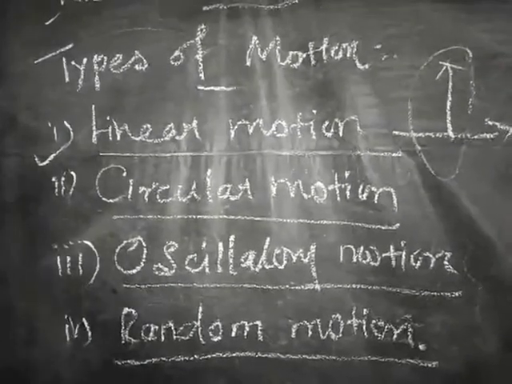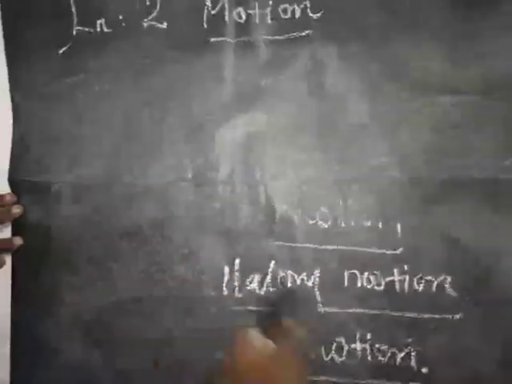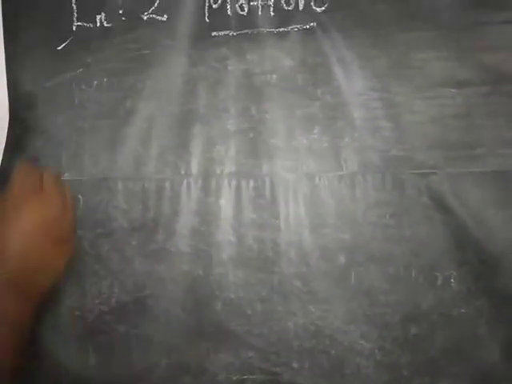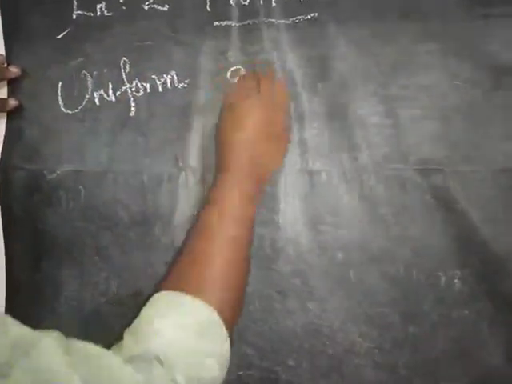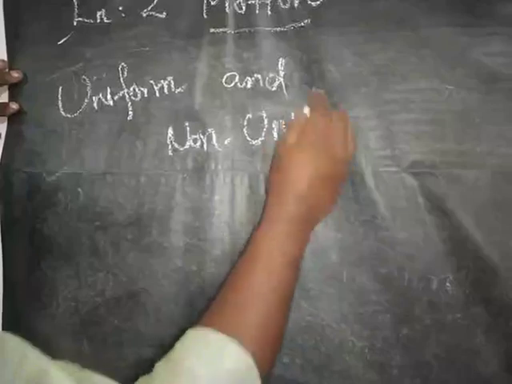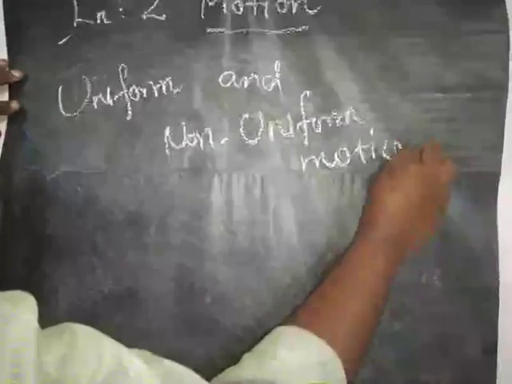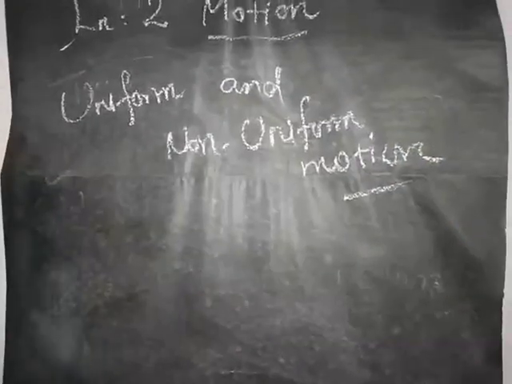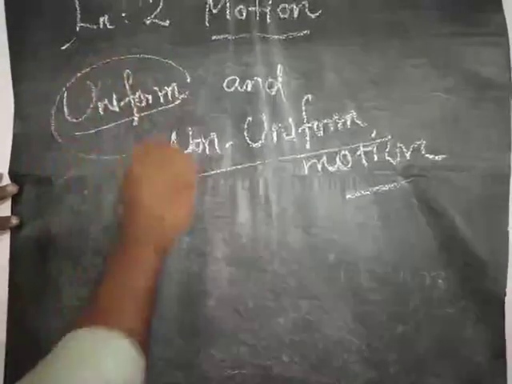Next one, uniform and non-uniform motion. What is the meaning of uniform and what is the meaning of non-uniform?